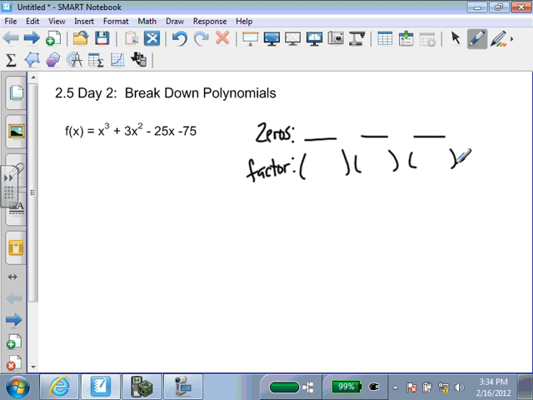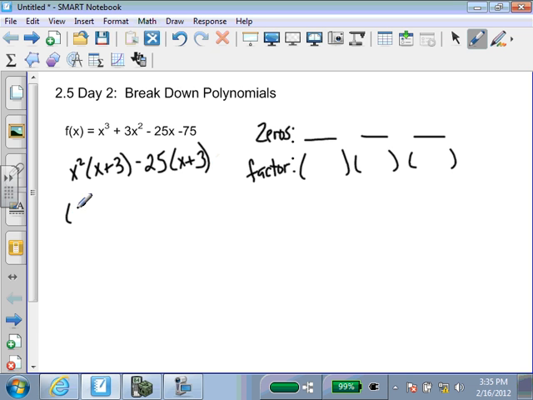The first question I'm going to ask myself is, can I factor this? And my answer is yes. I can factor this by grouping. So x squared, x plus 3 out of the first two terms, minus 25, x plus 3 out of the next two terms.